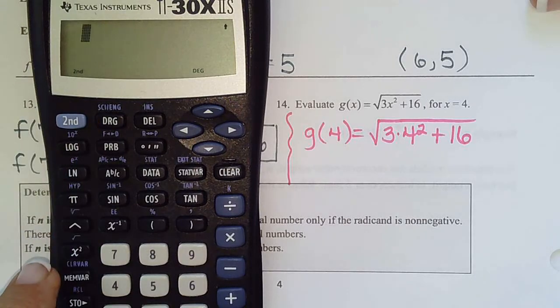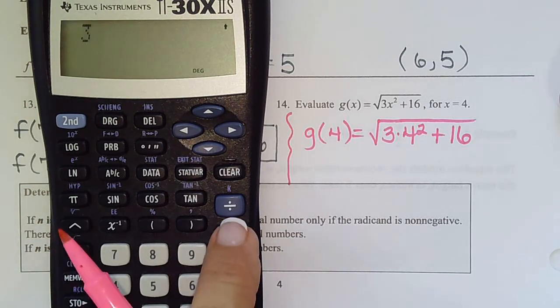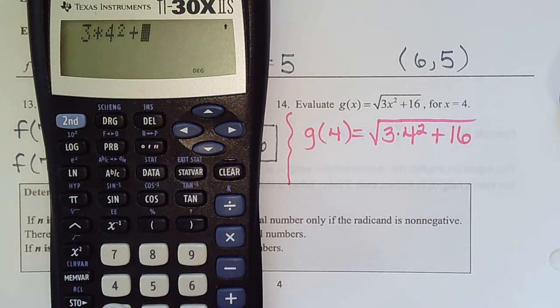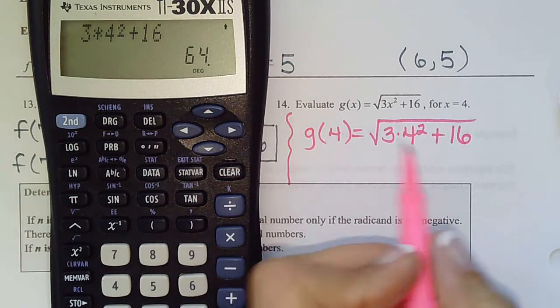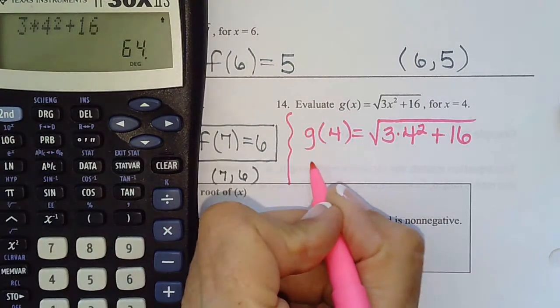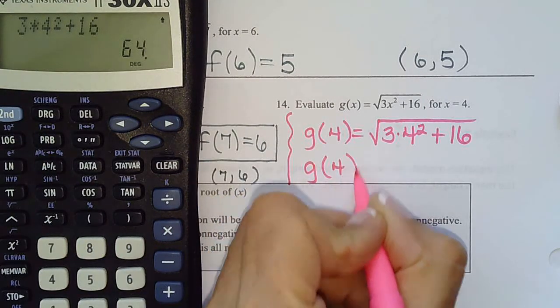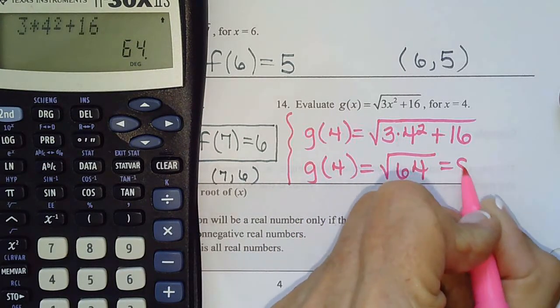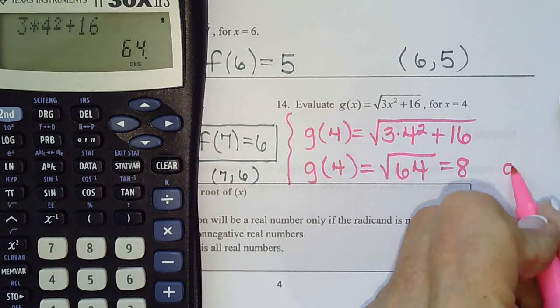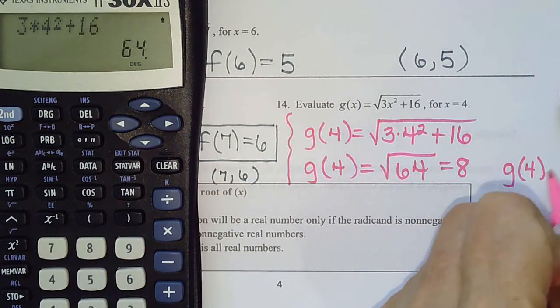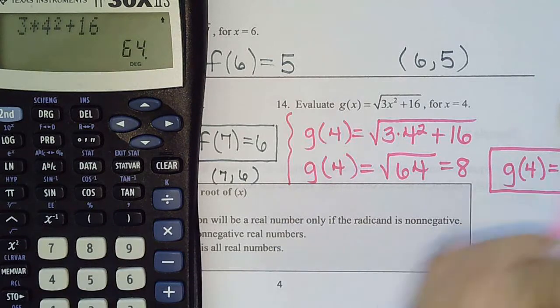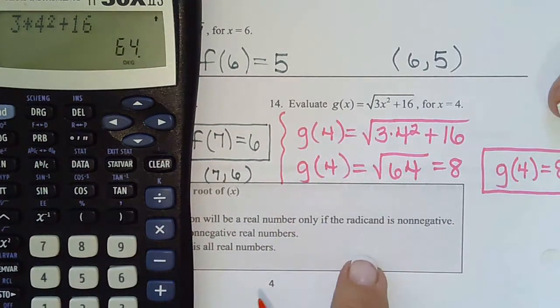So let's just do 3 times 4, hit your x squared button, plus 16, so 64. So g of 4 is the square root of 64, which is 8. So I write my answer, g of 4 equals 8. That's what they want, because they just say evaluate.